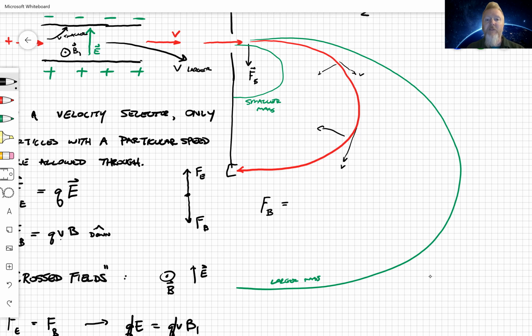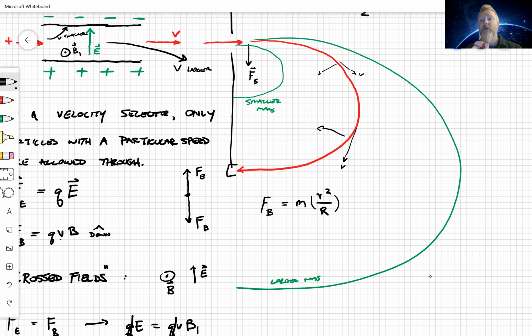So the B field provides a centripetal force, mv squared divided by r, or if you like, ma, where the a is just your centripetal acceleration term here. And that's the same for everything that comes through the slit into the magnetic field, B2. The force provided by B2 is going to be the same on every single particle that comes in here, because every single particle has the same charge, and every single one has the same velocity, and it's the same magnetic field. So the force is the same for all particles.